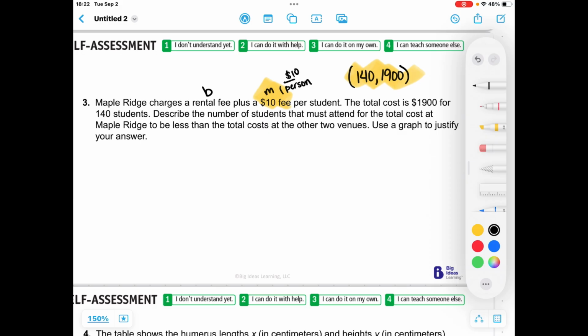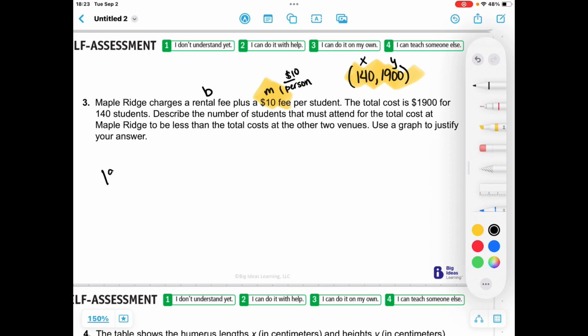I don't have to set it up into point slope form unless you absolutely want to, then by all means do so. I'm going to do it the way that I know I have taught in the past, which is this is my X and that's my Y, and the $10 is my slope.